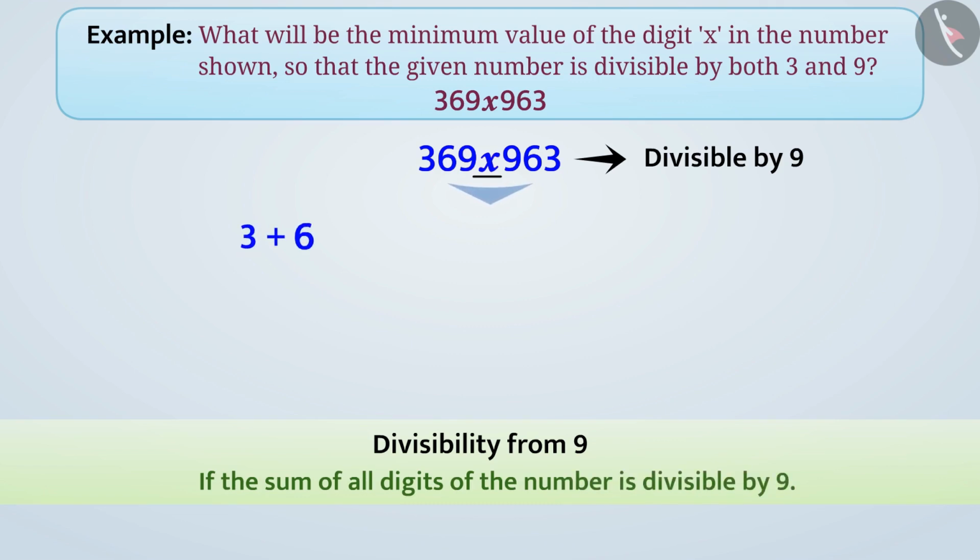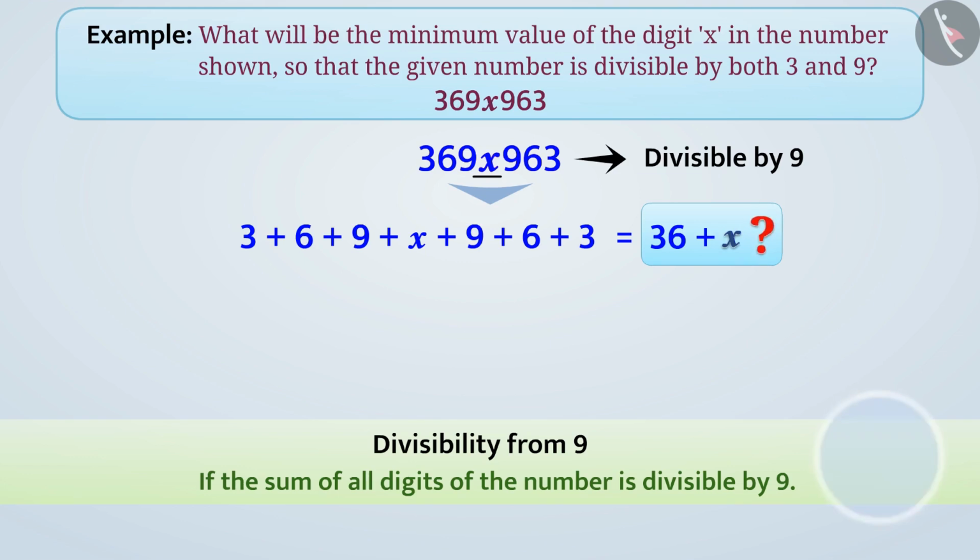3 plus 6 plus 9 plus x plus 9 plus 6 plus 3 is equal to 36 plus x. Now, can you tell what the value of x will be? Think.